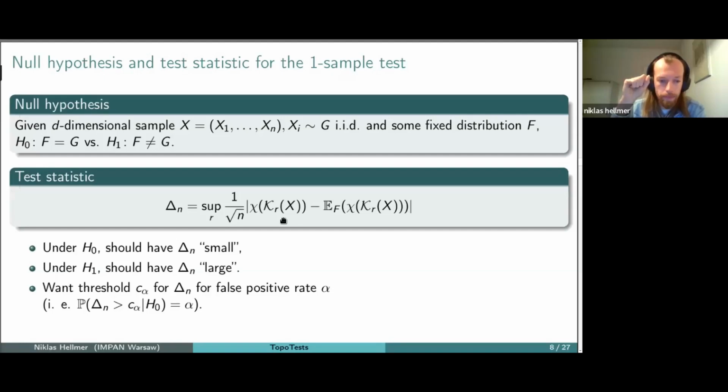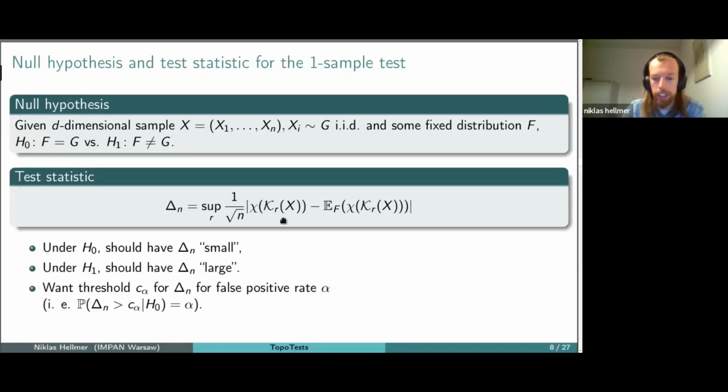And then the probability of the test statistic being greater than the threshold when the null hypothesis is true should be at the significance level. So if this point sample is actually following the null distribution, only 5% of the time we would want to reject the null hypothesis. Okay.